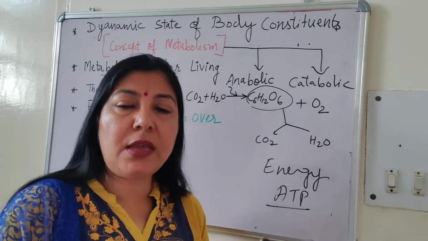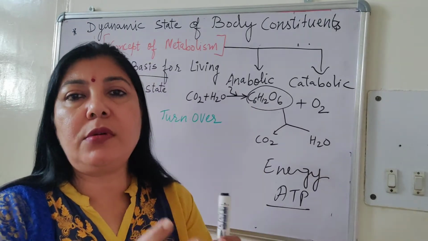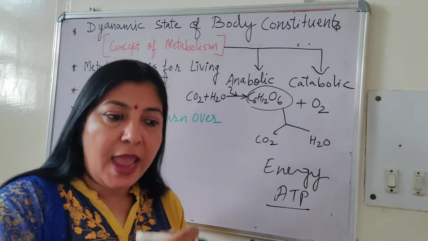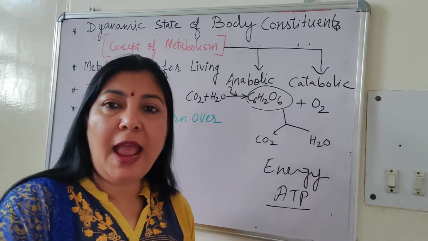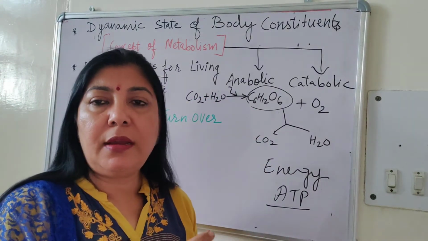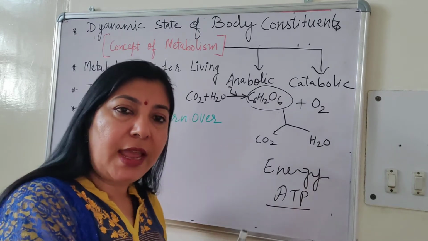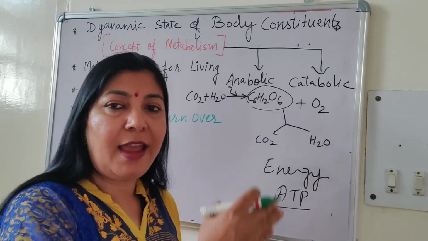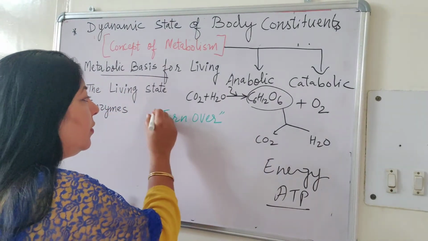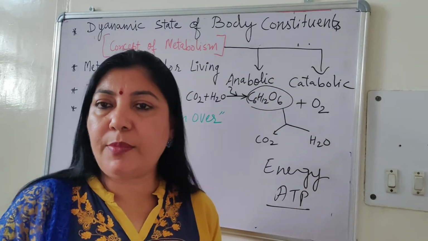When life processes take place, one form gets converted into another form. One biomolecule has a starting point, gets turned over and converted into another molecule, so it has a starting point and a destination. Because of this turnover, there is always a dynamic state.